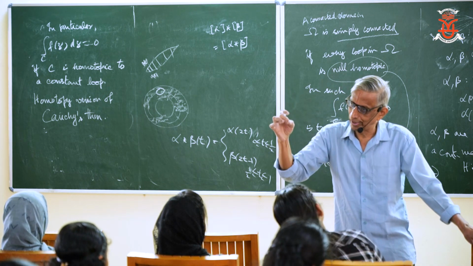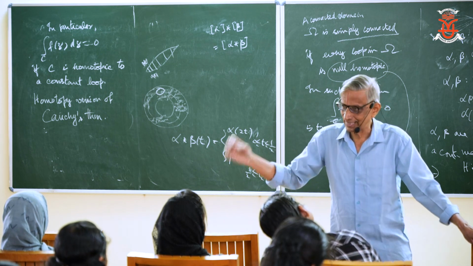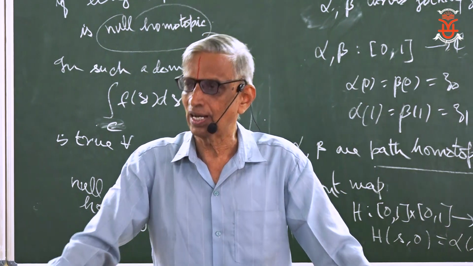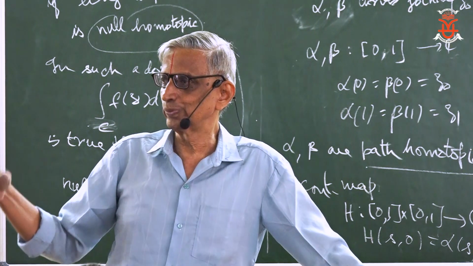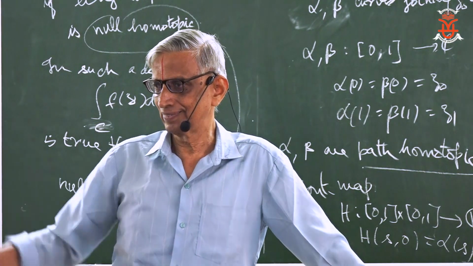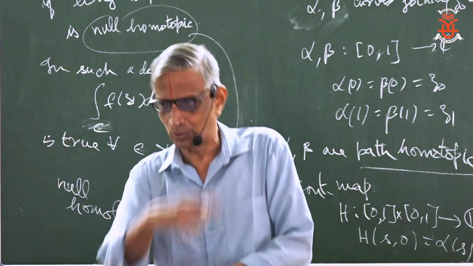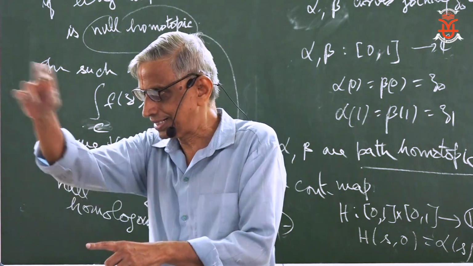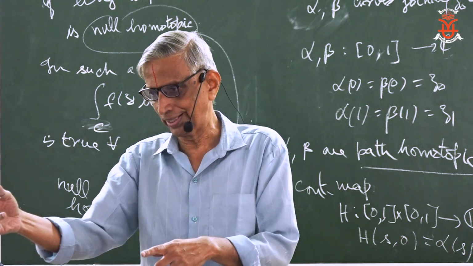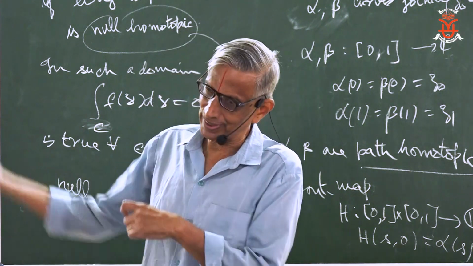The constant loop at z0 acts as the identity. In other words, alpha star the constant loop is homotopic to alpha itself. And once you have a loop, you have what is called the reverse loop, the same loop traversed in the opposite orientation. That gives the inverse.